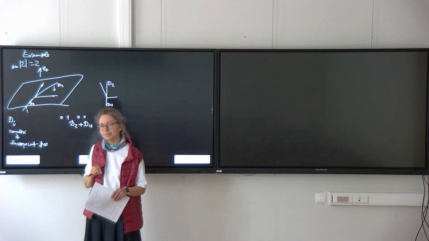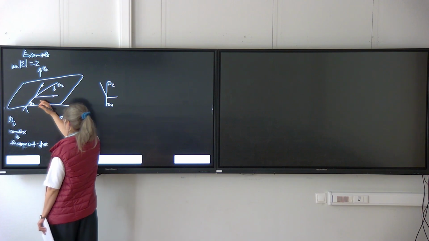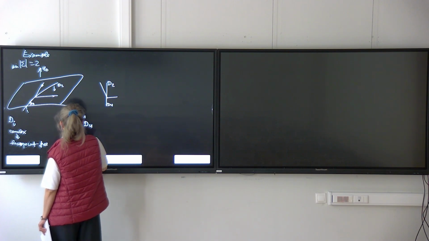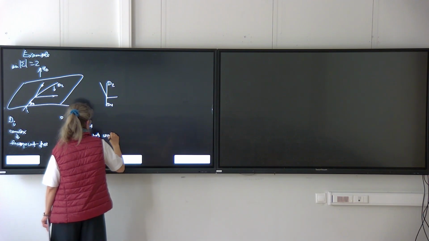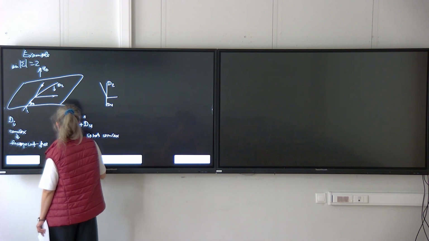So by the picture it is clear that phi d is not convex. So it has base points.